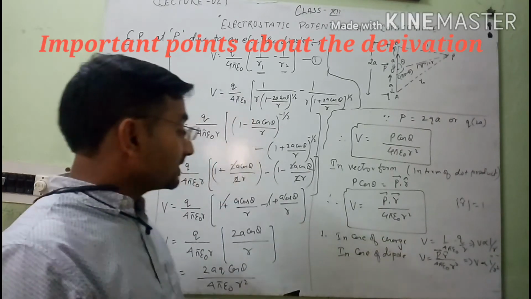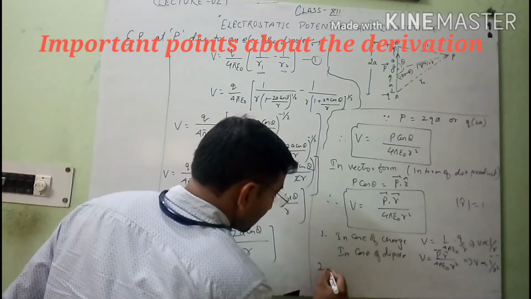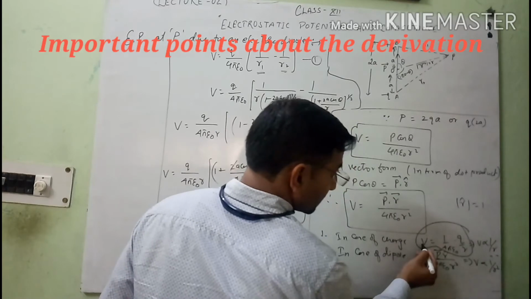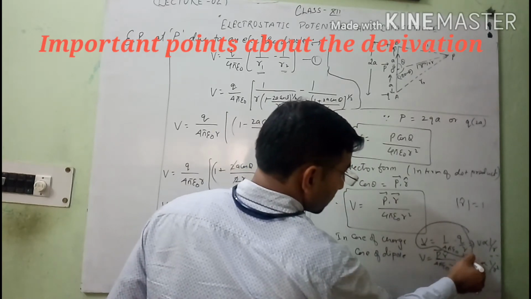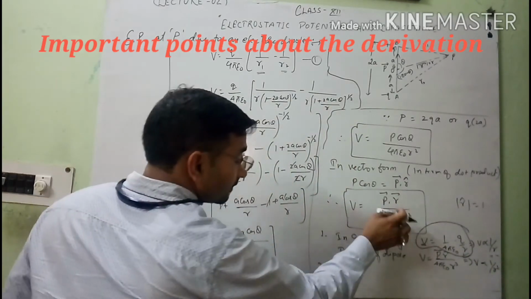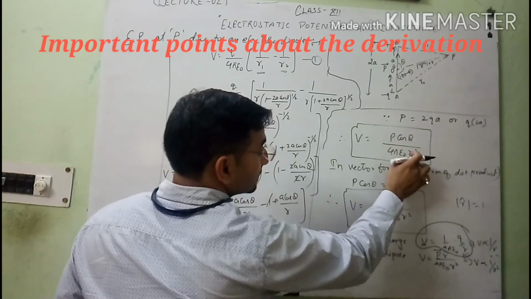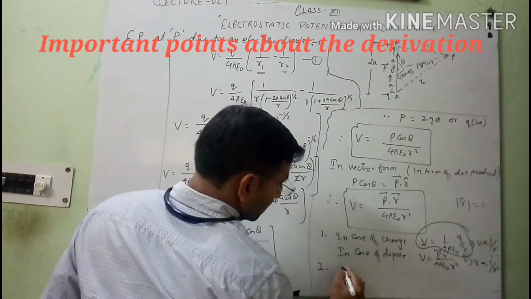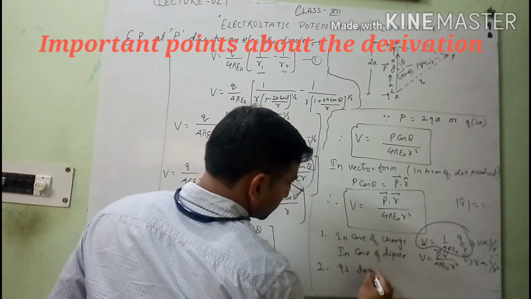And the second thing is that, as we know, in the formula for a point charge, electrostatic potential at any point P depends on R only. But when we talk about the dipole formula, electrostatic potential does not depend on R only. It depends on two values.